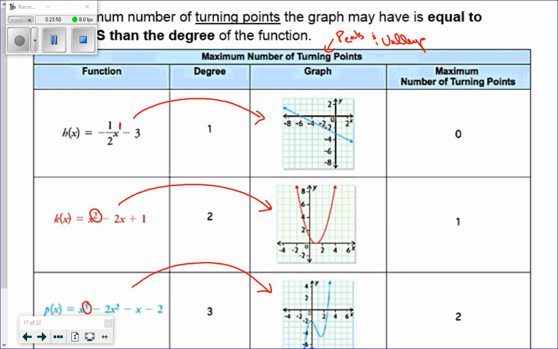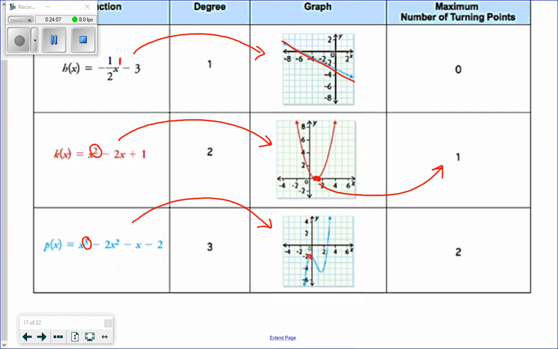Does a straight line have any peaks or valleys? Nope. Quadratics have one turning point. Either they'll have a peak or they'll have a valley. Cubics, this one has a peak and a valley, so it is 2.